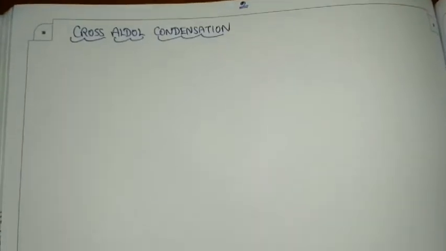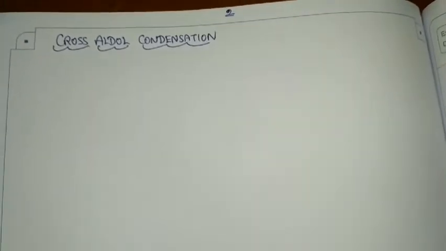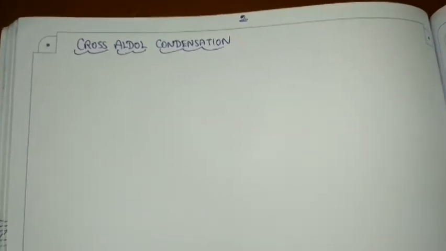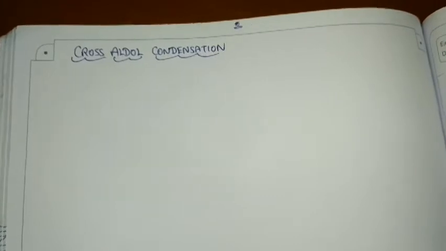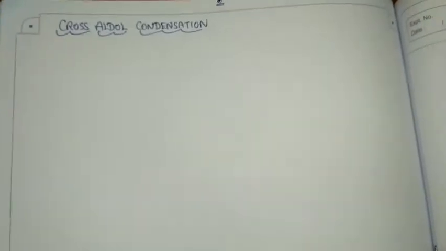We gave the introduction to what aldol condensation is, and we also saw the reactions in which the reactant is the same. That is, if you take two molecules of acetone, what will be the product? Basically, an acetone molecule reacts with another acetone molecule.